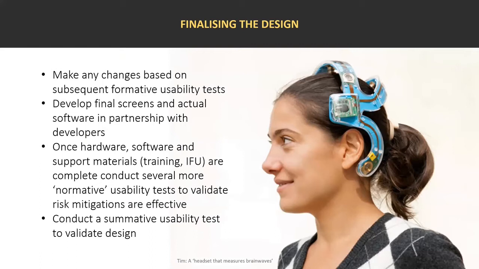And then there's always a final summative usability test to validate the design for formal validation. So by the time you get to the summative test, there should be very little change. It should be a highly resolved design that is basically passing that last hurdle before it goes into production.